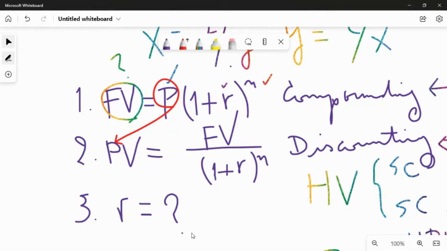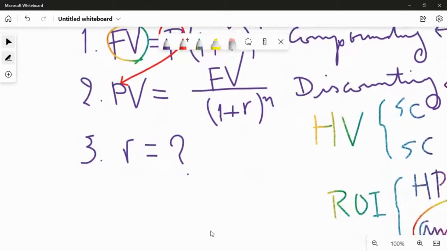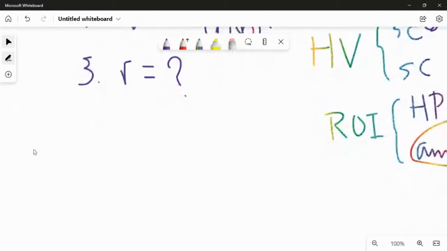Deriving the second formula is not difficult because they are basically reverse processes of each other. And finding R, solving for R, is also not a separate thing. It's all related. We are solving the same equation for R. So let's think about it.